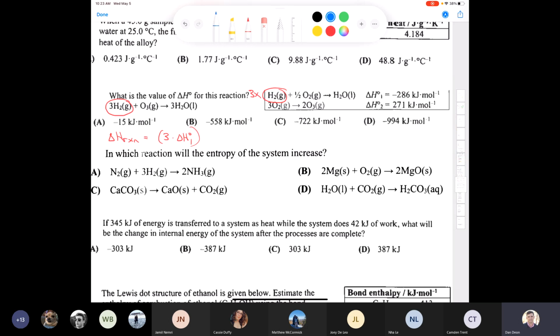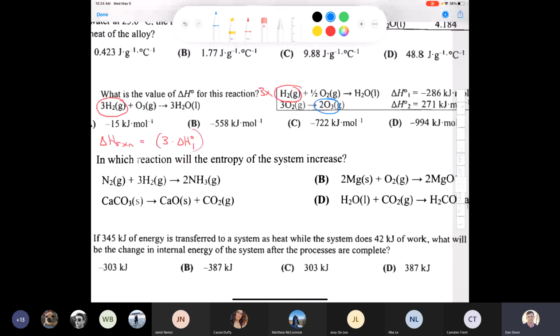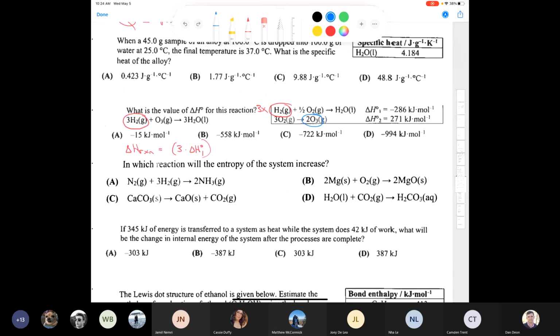Okay. And then what do I have to do with the second equation? Well, I've got ozone here, right? There's 2 O3 there. The only place that I find ozone, and I only need one of them in the reactant. So what do I have to do? I have to multiply this reaction by a half, but I also have to reverse it. So I'd multiply it by negative a half. So what would that equal?